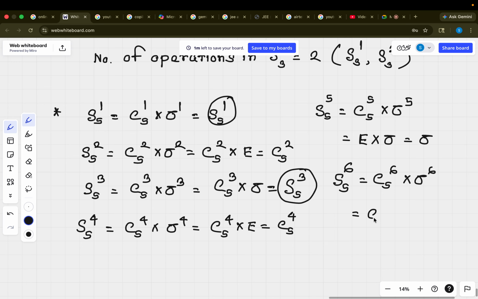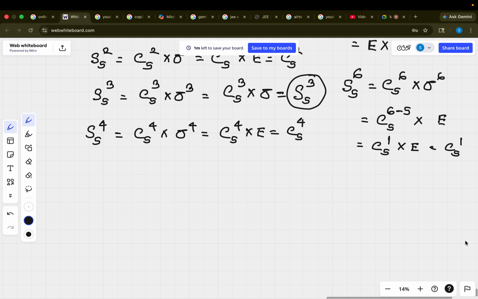C5 6 means C5, and here you write 6 minus 5, and sigma to the power even means identical. So you are getting C5 1 into identical, so basically you are getting C5 1. So this is your S5 6.